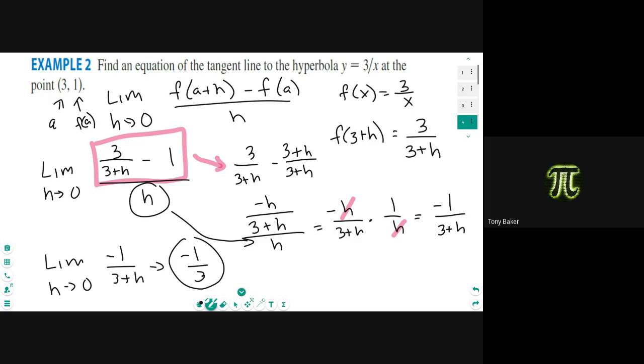Okay. So again, we're just using this limit function to come up with my slopes, which we then can use for my tangent lines.